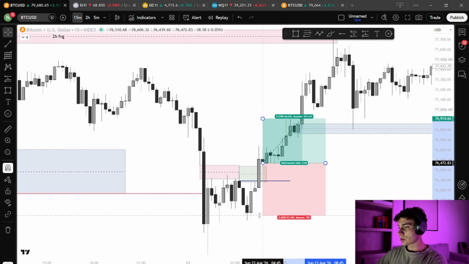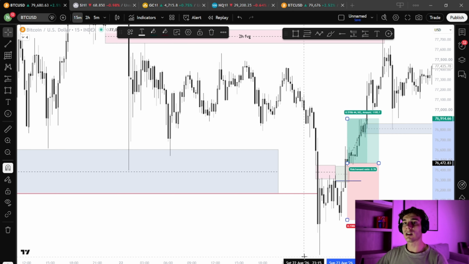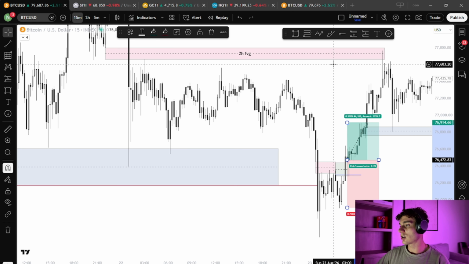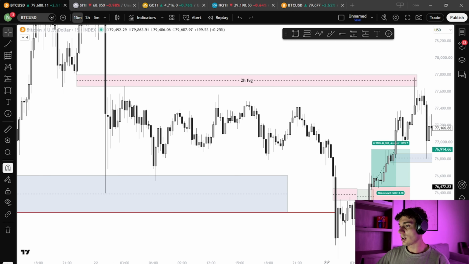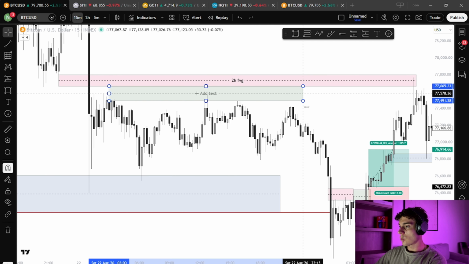My stop loss was going here, and then usually I look at the opposite side of the chart to find another liquidity, and as you can see, this level here I marked. Boom. Why did I say that?